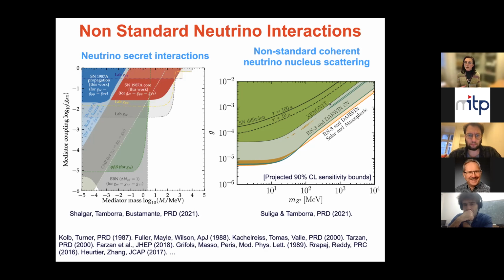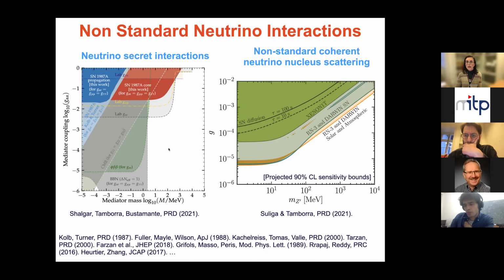And so by factoring in all the uncertainties that we have on the oscillation physics, on the supernova uncertainties and so on, still we should be able to constrain or to put some bounds on those kinds of non-standard interactions. And those are these regions here that are just projected sensitivity bounds.